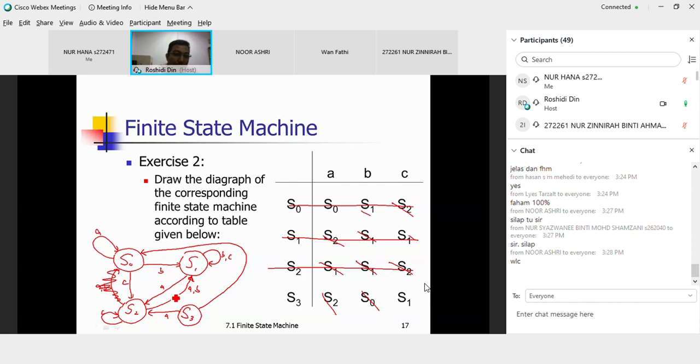It will be a short circuit. So you must put like this one. So S3 map to S0, the answer is B. S3 map to S1, answer is C. So this is the final answer for exercise 2.